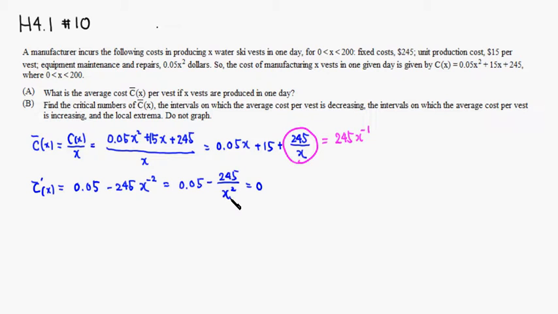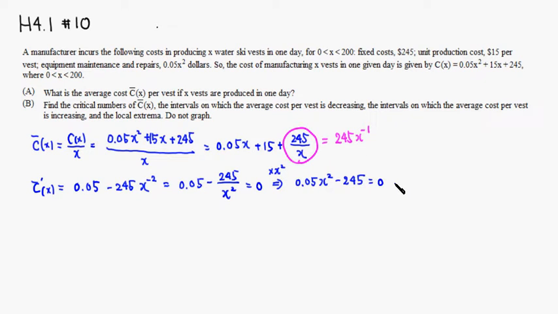If you want the critical number, we need to set this equal to 0. The first thing I would like to do is multiply by x squared, so that you have 0.05x² minus 245 equal to 0.